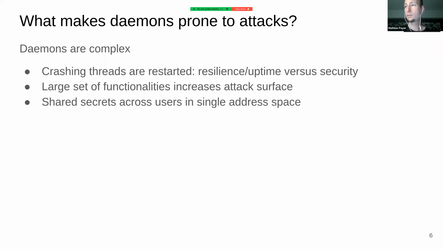And sure, the Apache daemon could listen: if I crash more than 100 times, 1,000 times, 10,000 times in a given amount of time, then it could terminate, but this is not necessarily being done. And this is usually not being done just to make sure that, well, we'll just restart it. Also, daemons often have a large amount of complexity and functionality that increases the attack surface.